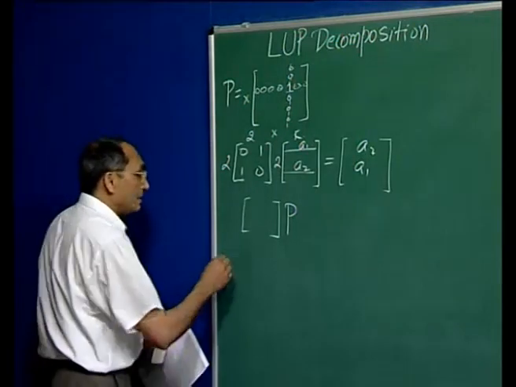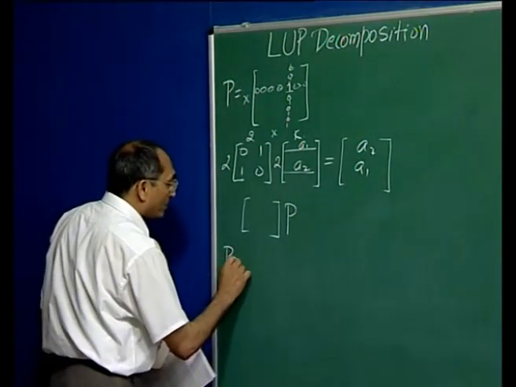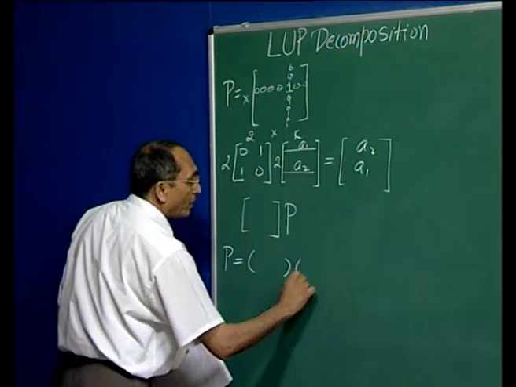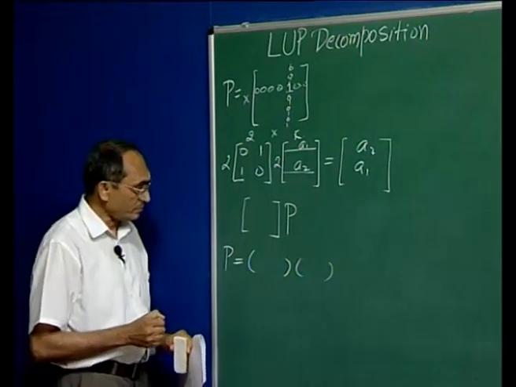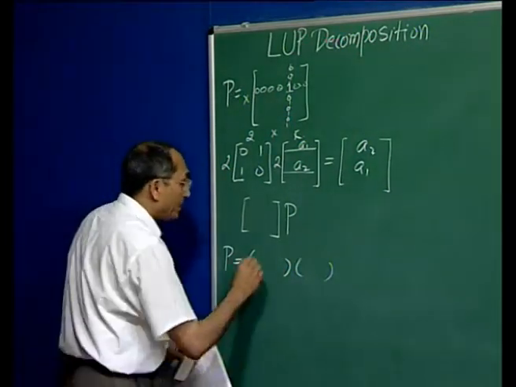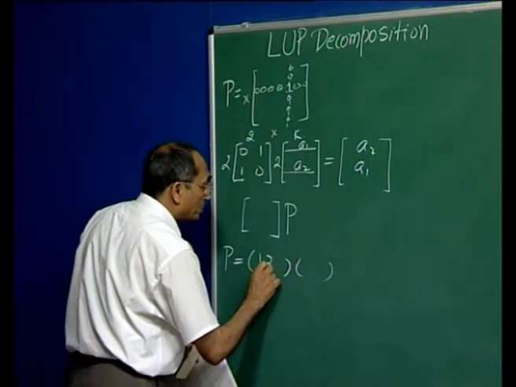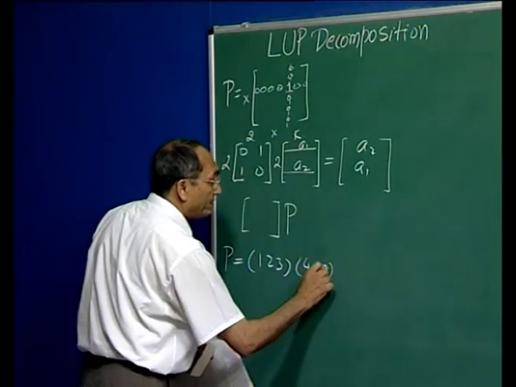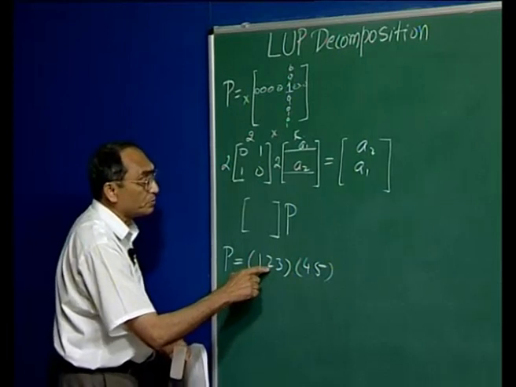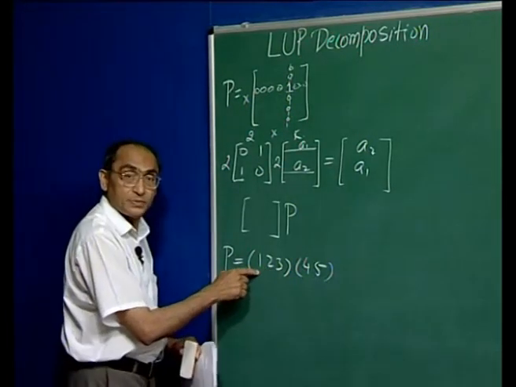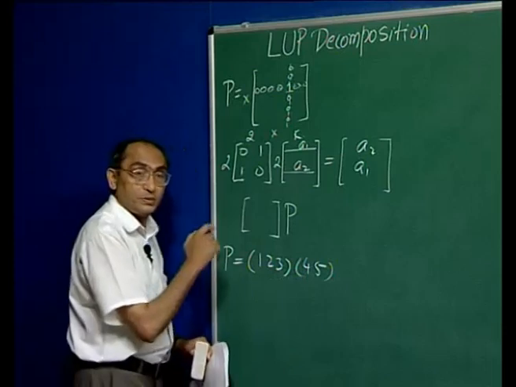Now in general, a permutation can also be expressed in the form of cycles. For example, if I have (1 2 3)(4 5), this means that 1 goes to 2, 2 goes to 3, 3 goes to 1, 4 goes to 5, 5 goes to 4.